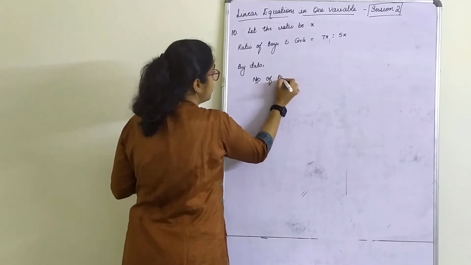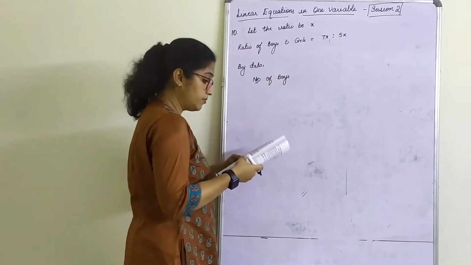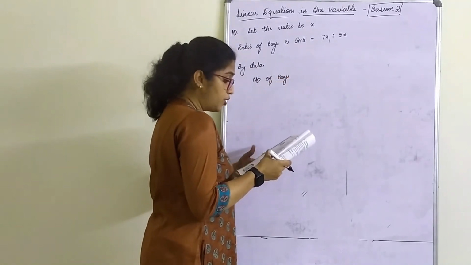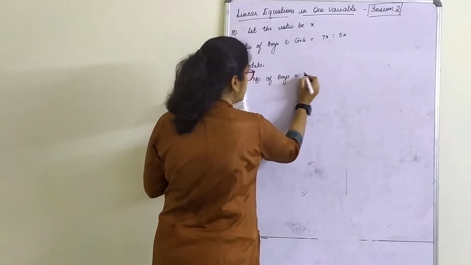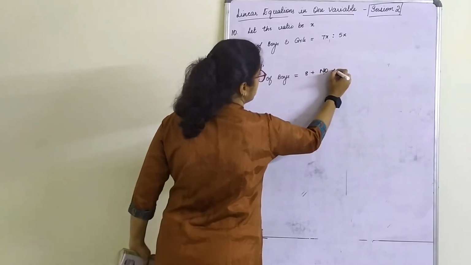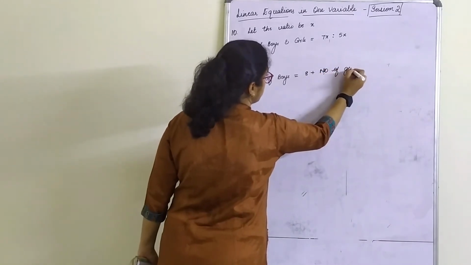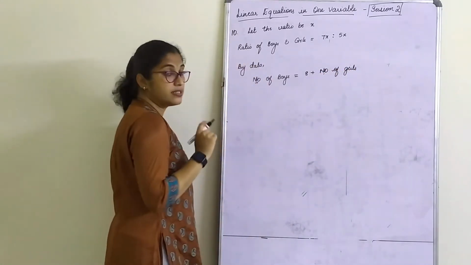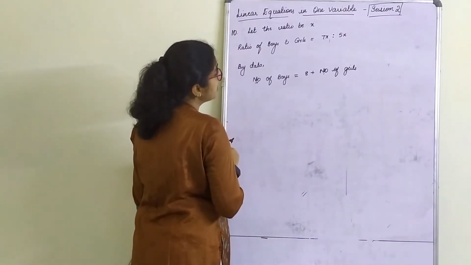Number of boys. The number of boys is equal to 8 more than the number of girls. So is means equal to sign. So number of boys, how do we write?